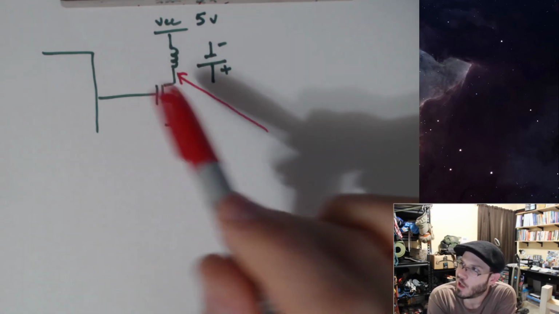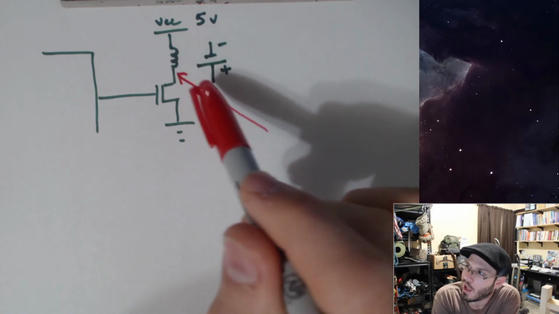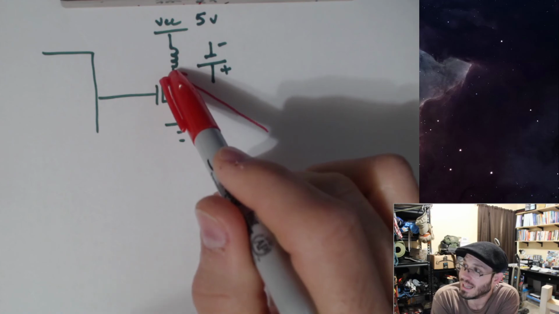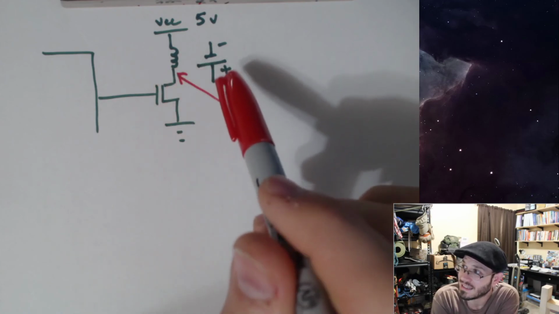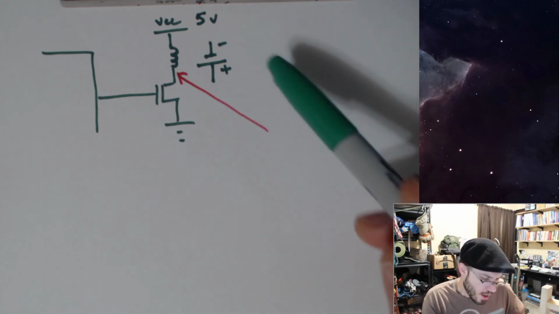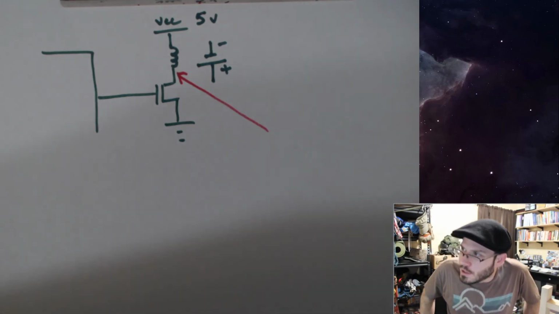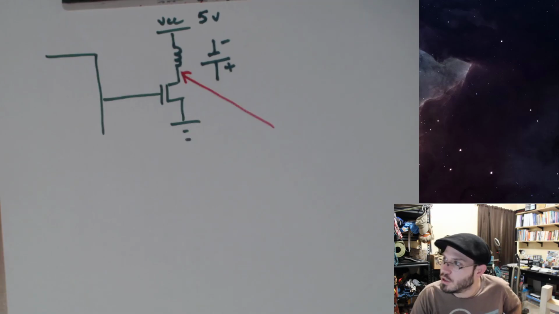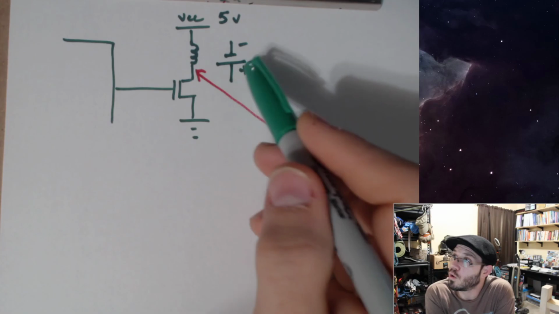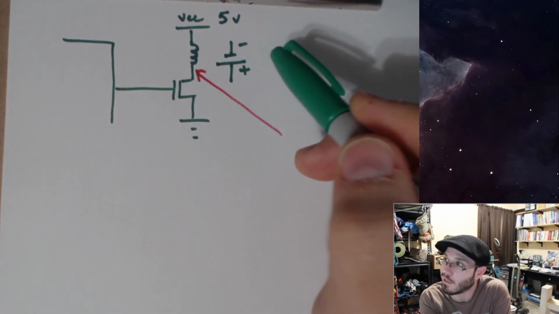Now, you kind of need to talk about what's the magnitude of the induced voltage when the magnetic field of this inductor collapses. That's given by Faraday's law. You don't need to know it, you don't need to calculate it, but you do need to know that the result of Faraday's law is that this voltage can actually be quite large.